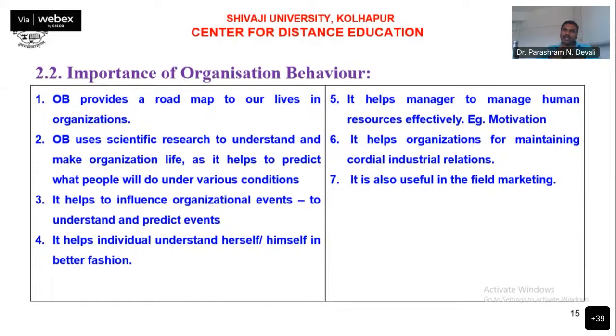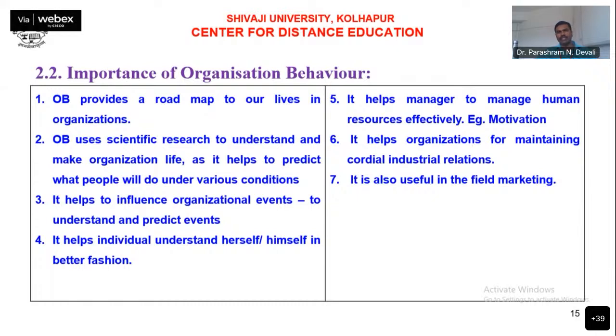Then it helps the organization to maintain cordial industrial relation. Means we want to manage the industrial relation. When we become a successful executive, successful entrepreneur, we want to manage the relation with people as well as industry. Different corporate people are there, and we want to develop our networking.